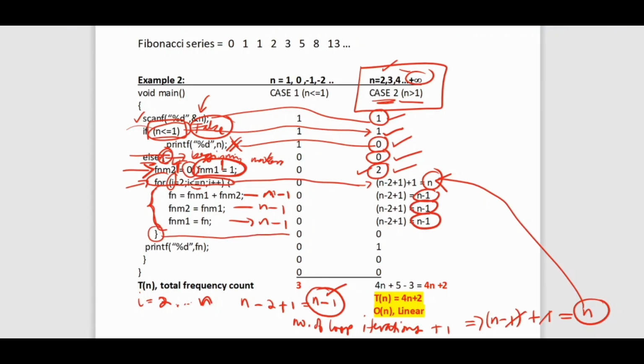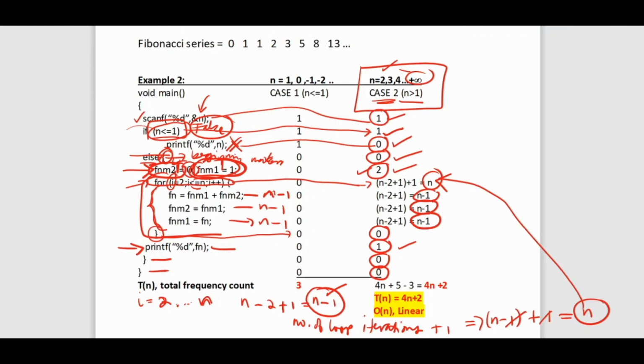And then we could count that as 0 since it is just an end marker. Now after the for loop is executed, this printf here will be executed. And the frequency count of this is the same as any of these statements here. So this has 1, executed only once. And these two are end markers, so they just have 0 execution.